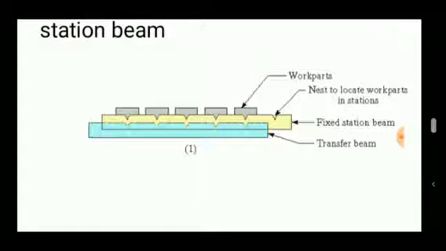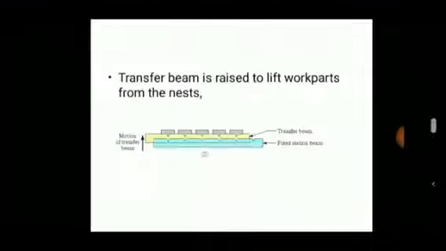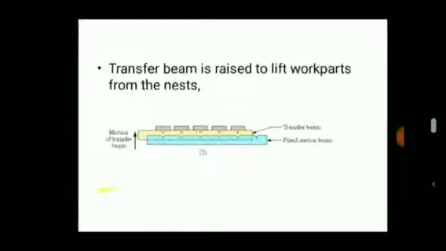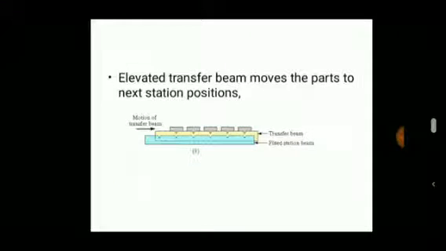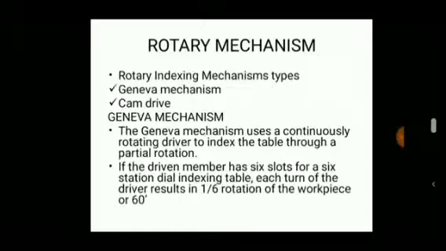First one is the fixed station beam, second one is the transfer beam. The work parts are lifted by the transfer beam, moved forward and come down, then it moves up, moves forward, comes down. In this manner they are used to transfer the work parts between the stations.